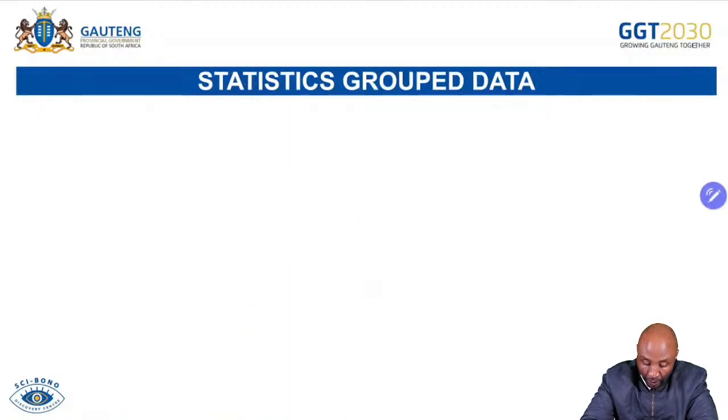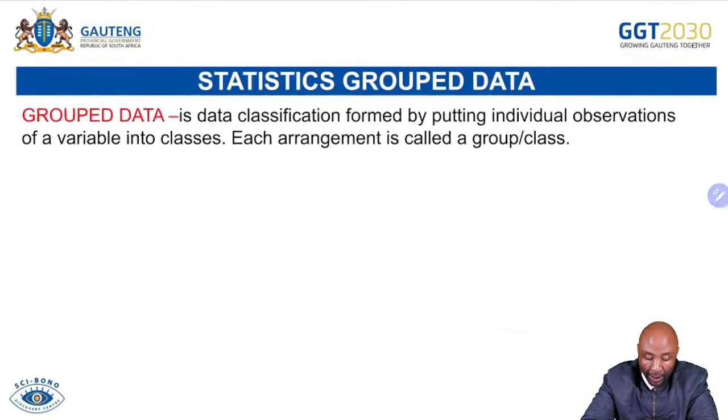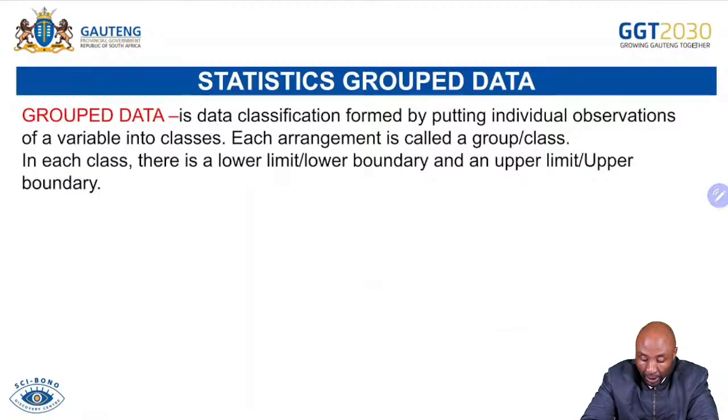Moving forward, we want to look at our grouped data. This is the classification of putting individual observations into classes.